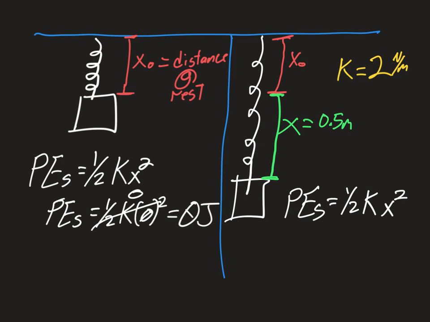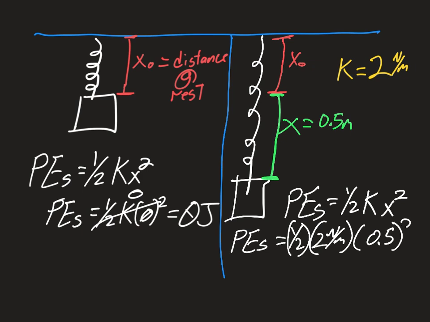You would come in and say, I want to know the potential energy of this spring pulled to that point, and you do 1/2 times 2 newtons per meter times 0.5 squared, and that is meters there, right? You'd have to square the meters first. If you don't remember that, you need to remember your order of operations. You have to do an exponent before you can multiply across.